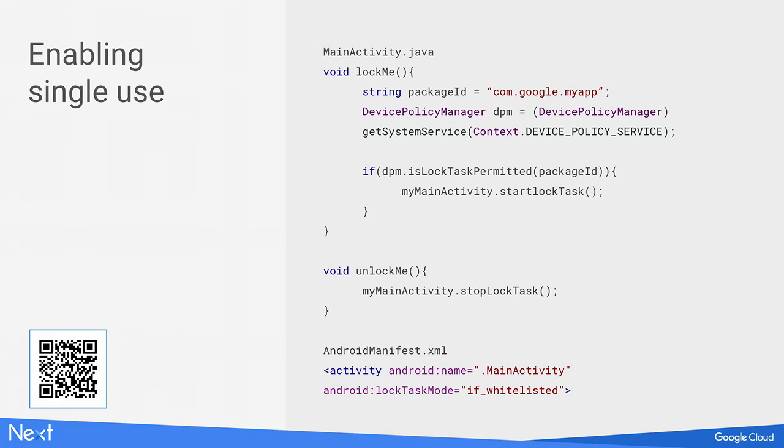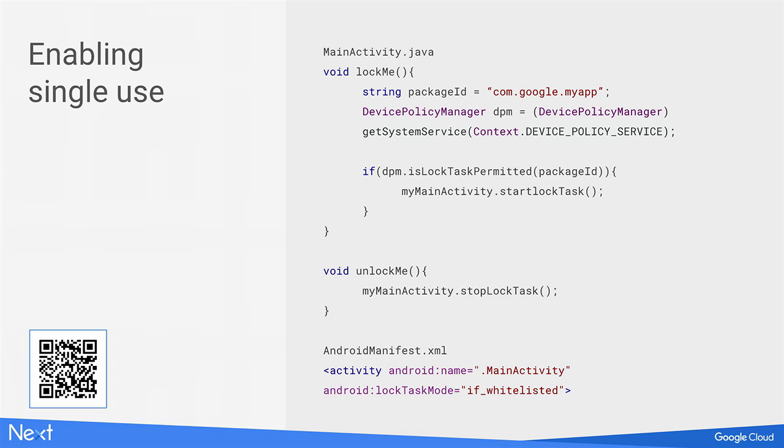It really is locked down. So how do you actually enable that? Well, first of all, the actual devices themselves need to be under management, so through an EMM or Enterprise Mobility Manager. That EMM needs to whitelist your app with the system to make sure that that app is authorized.